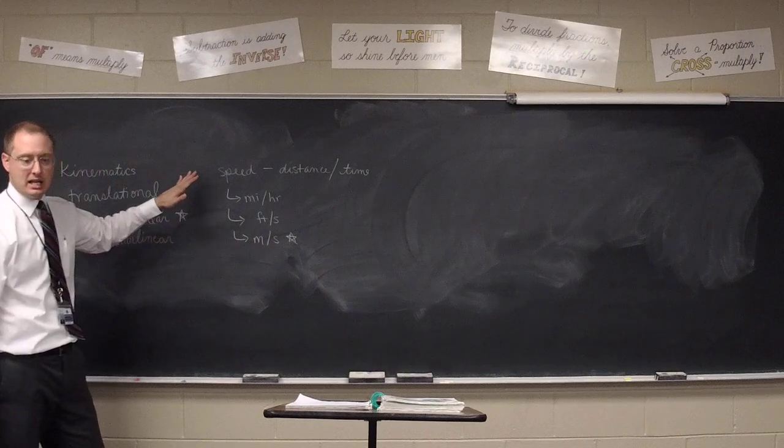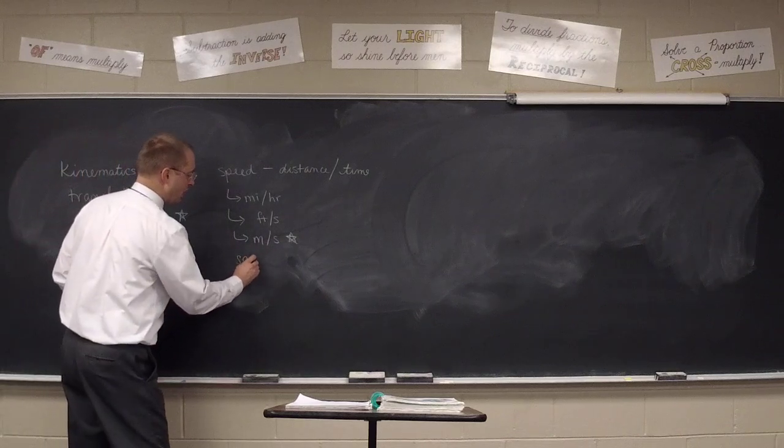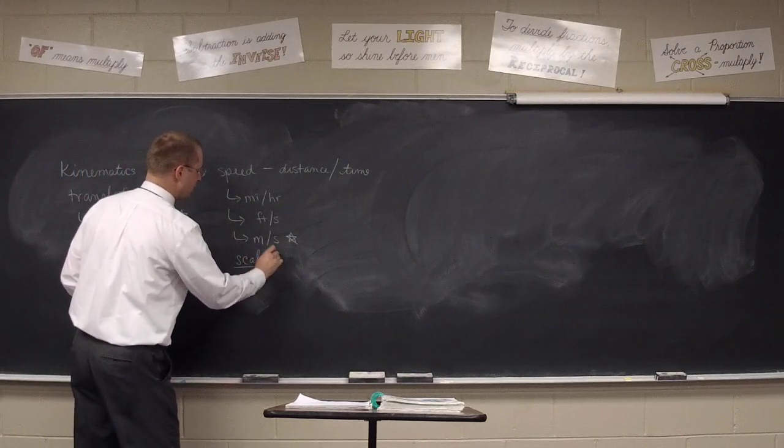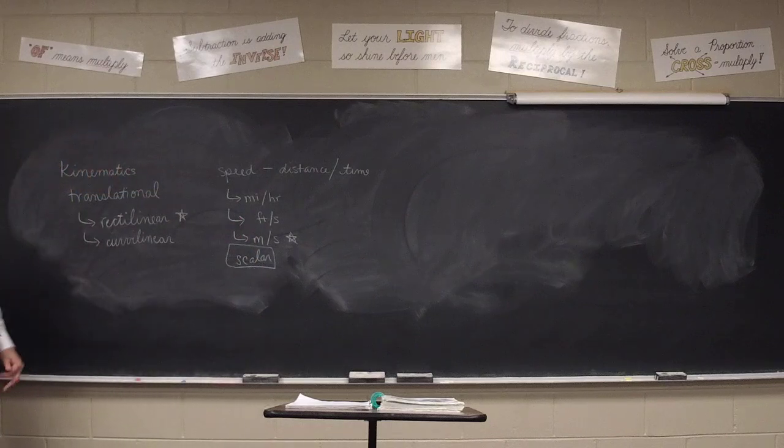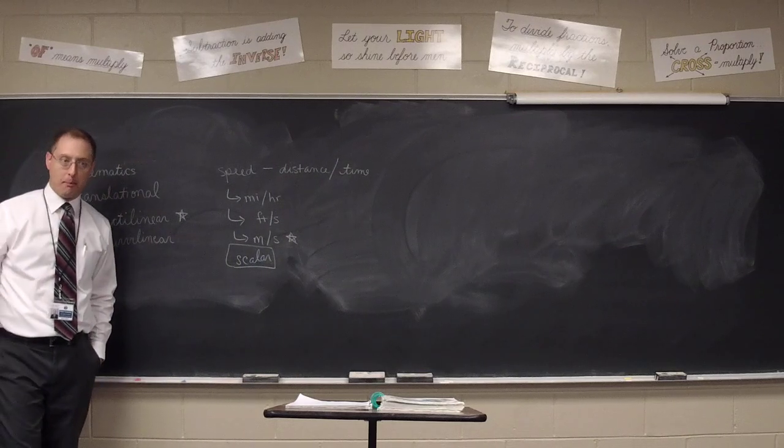Now, speed is what we call a scalar quantity. In physics, there are two types of quantities, and one of them is a scalar quantity. A scalar is any quantity that has magnitude, but not direction.